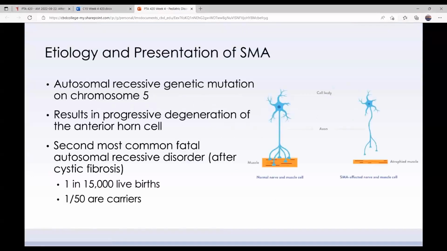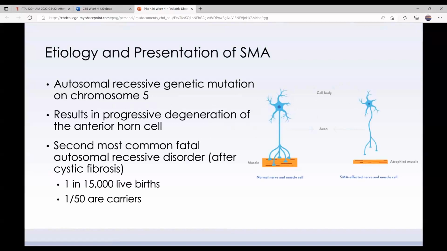So the patient presents with an autosomal recessive genetic mutation on chromosome 5. This results in a progressive degeneration of the anterior horn cell. This is also the second most fatal autosomal recessive disorder. There are various onsets, type 1 being the most severe, type 3 being the most mild.